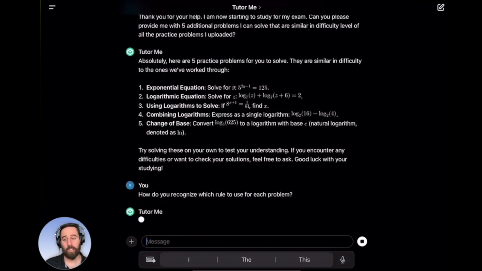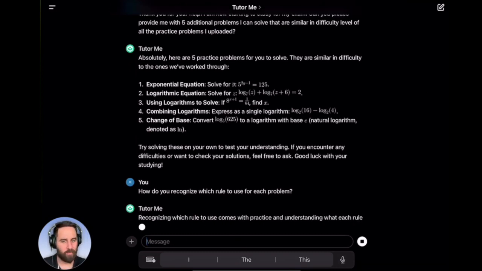That's a difficult one. I remember going through these as a student and just looking at it and thinking, what rule should I apply here? And again, it helps with just repetition. You gotta stick through it.